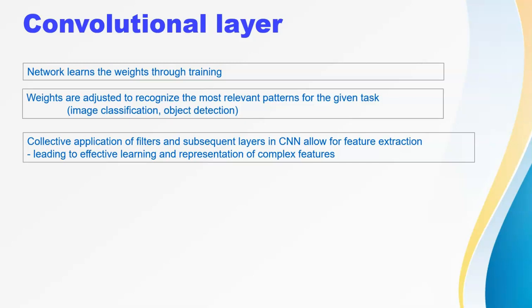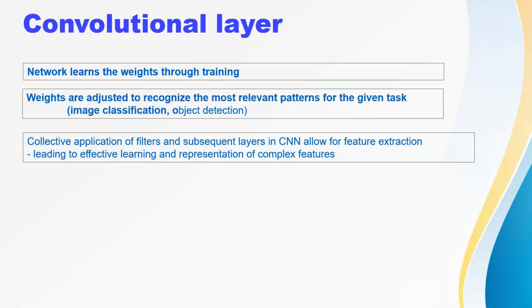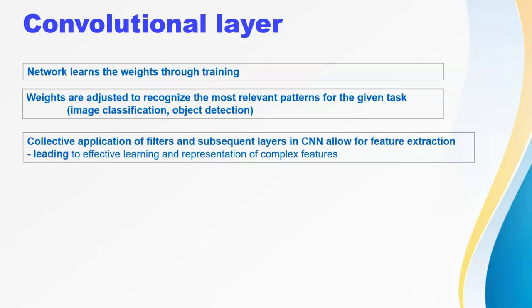The filter weights are adjusted to recognize the most relevant patterns for the given task, whether it is image classification or object detection or any other task the CNN is designed for. The collective application of the filters and the subsequent layers in a CNN allows for hierarchical feature extraction. This leads to effective learning and representation of complex features from the input data.